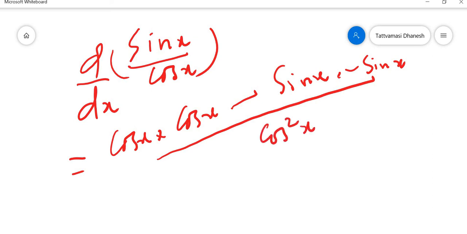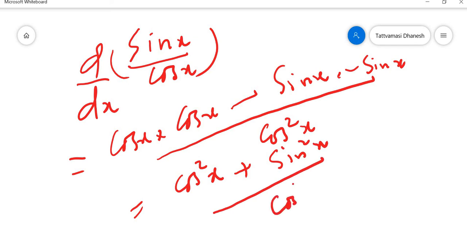You understood this? Cos x into derivative of u, sin x, derivative is cos x, minus is there in the formula, into u is sin x, derivative of v, cos x, minus sin x. So this minus and this minus will become plus, so it would be cos square x plus sin square x divided by cos square x.